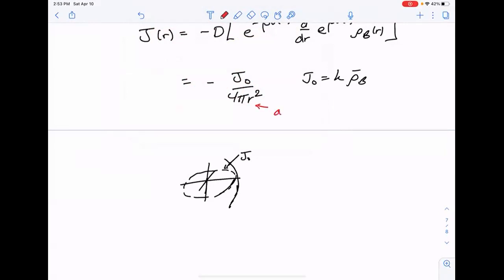So the denominator there is the area of each radial shell. And the numerator, J naught, is the reactive flux in each shell.